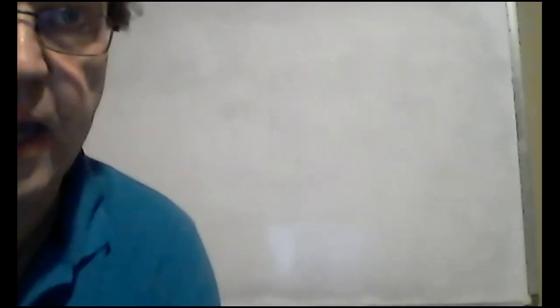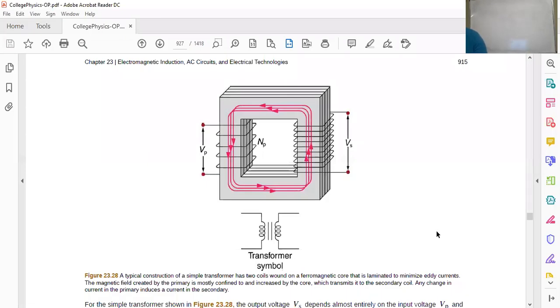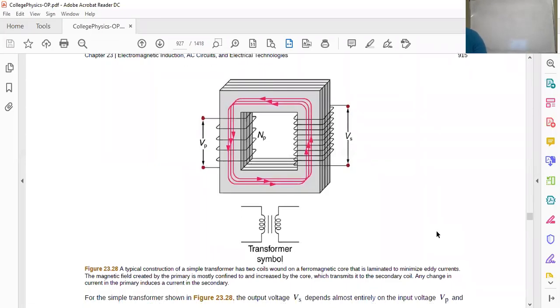All right, so let me go and show you a nice little diagram. Let me go back to the book and show you why we certainly depend on AC currents to operate a transformer like this. So let's imagine, the transformer requires time varying currents.